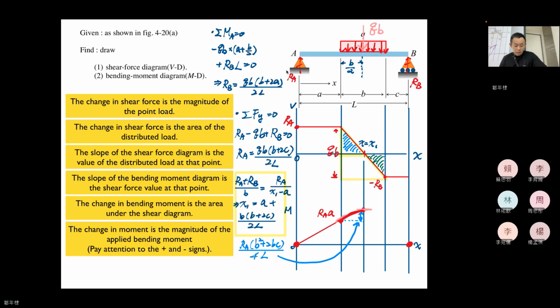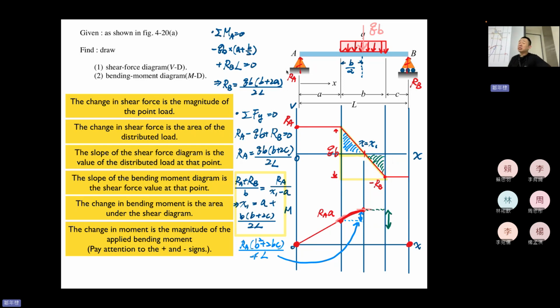Okay, next we need to draw another drop because of the negative area value here. What is the value?